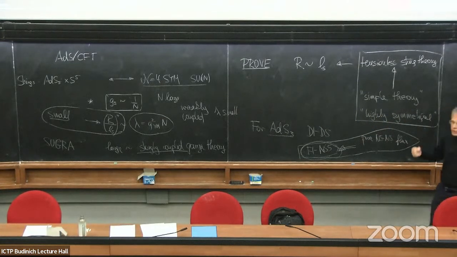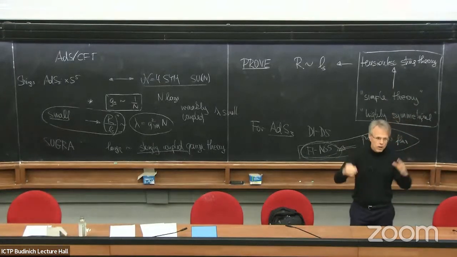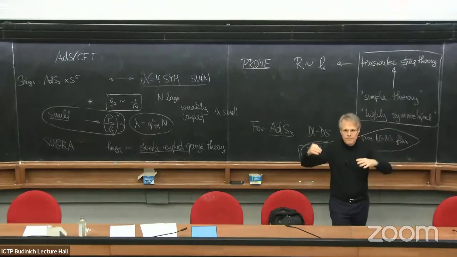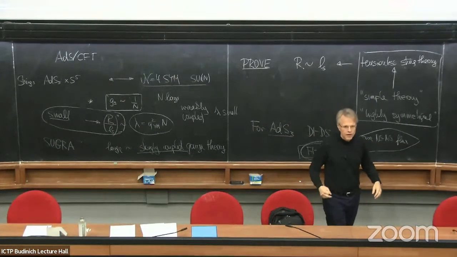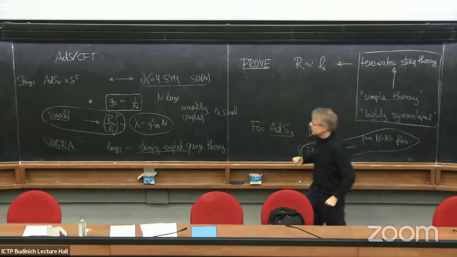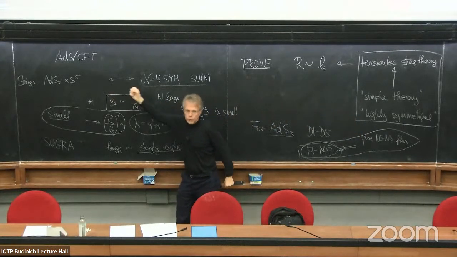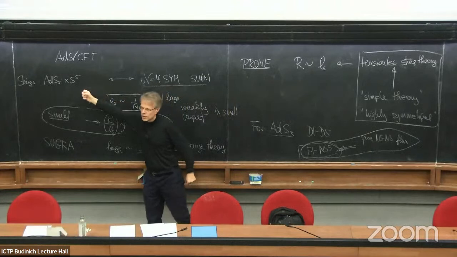And at the same time, I want to convince you that this is not just some low dimensional accident. It has many of the features you would also expect to be present for AdS5 x S5. And it should be a good blueprint towards identifying the worldsheet theory that's dual to free super Yang-Mills.